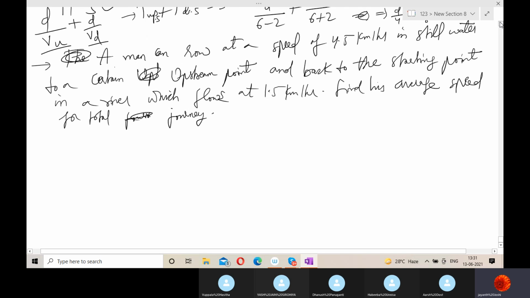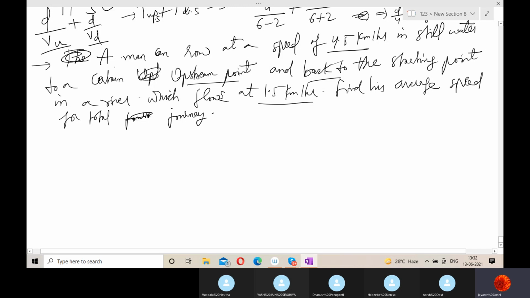A man can row at a speed of 4.5 kilometers per hour in still water to a certain upstream point and back. That means he's going up and coming down to the starting point in a river which flows at this much. So they gave the speed of the boat and the speed of the stream, correct?